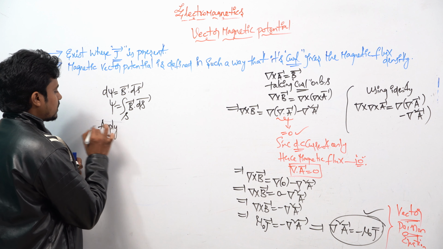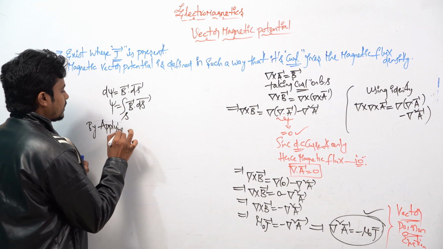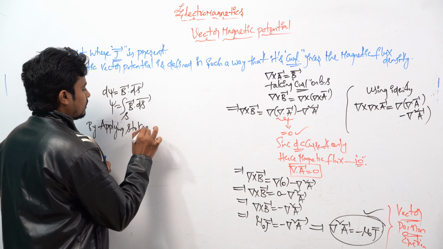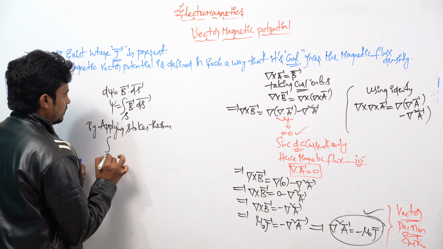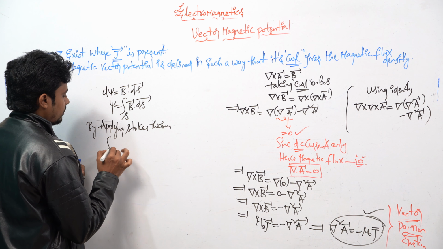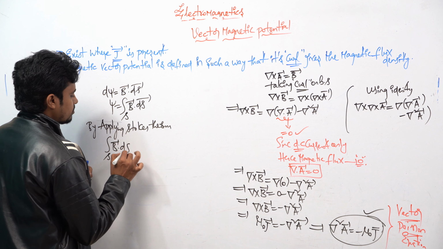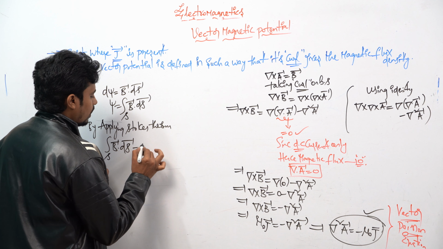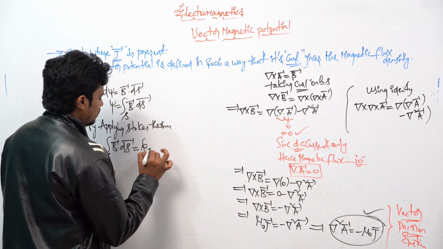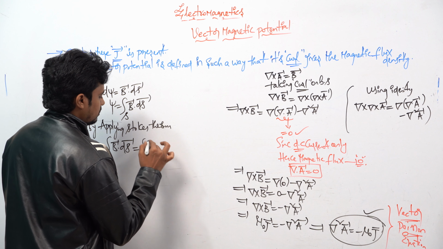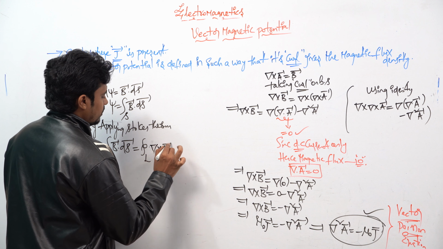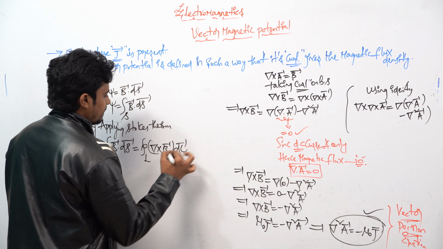By applying Stokes theorem, the surface integral of B bar dot dS bar will be converted to a closed line integral, del cross B bar into dl bar.